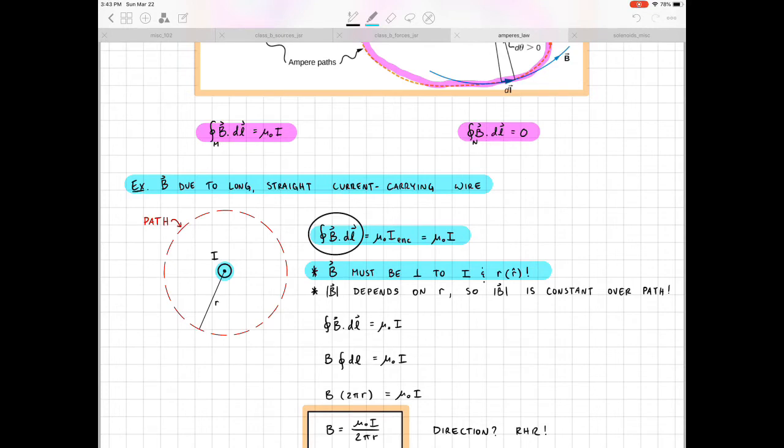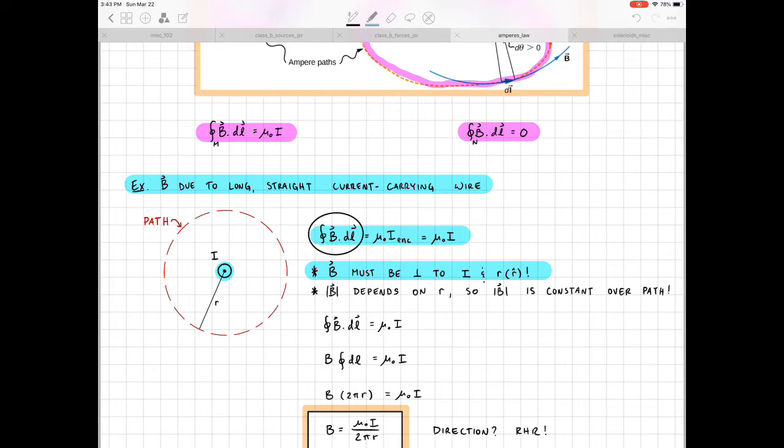So the magnetic field must be perpendicular to both of those quantities. So the current's coming out of the page, and r is that distance or that direction either towards the center of the circle or away from the center of the circle. So that means that B has to be pointing tangent to the circle.